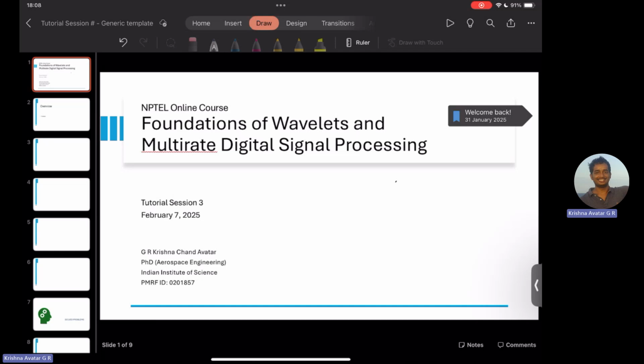Further on, we discussed filter banks and how they are used in analysis as well as synthesis in the Z domain, which is analogous to what we do in continuous space. If we do a Fourier transform, it has a somewhat analogous meaning in the discrete space. This is what has been taught so far in module 3 of this course.